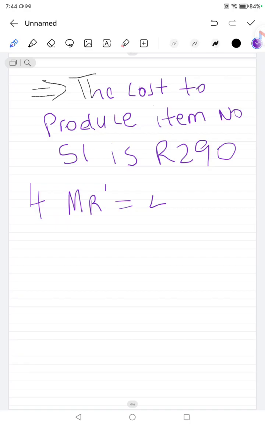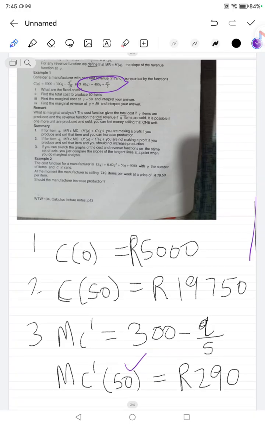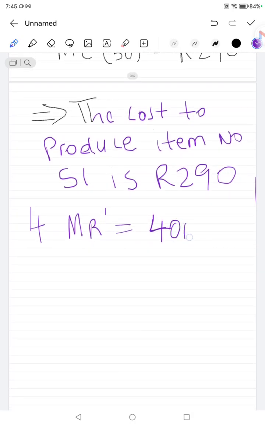Let me quickly go back and see that we have 400Q plus Q squared over 5. The marginal revenue, the first derivative, is going to be left with 400 plus 2Q over 5.